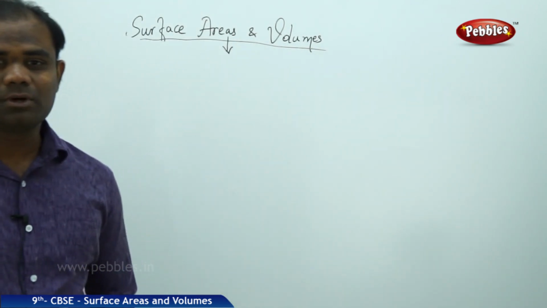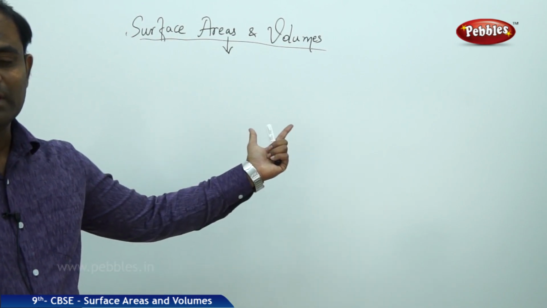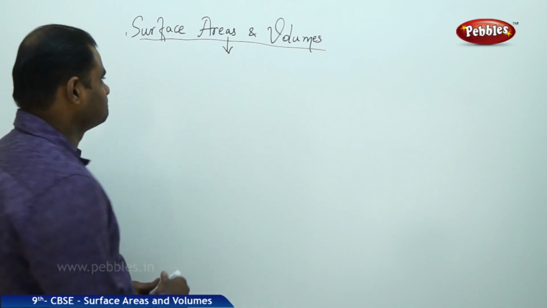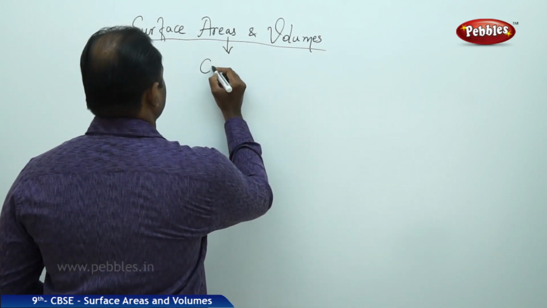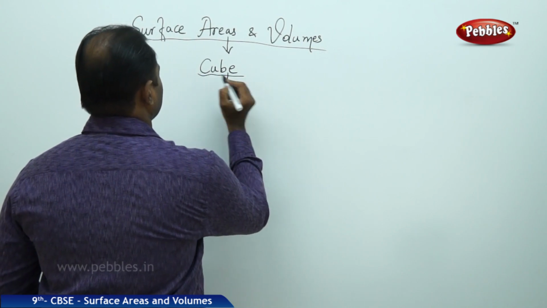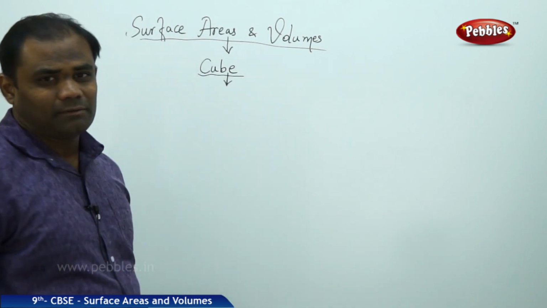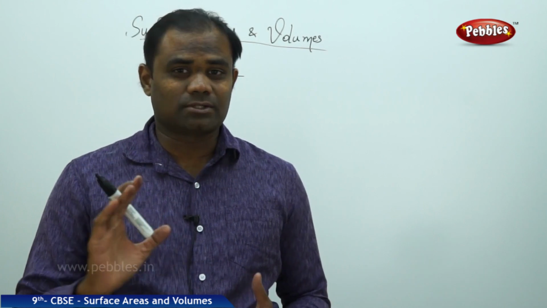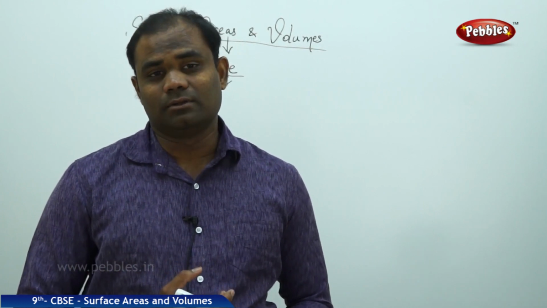Today's session is about the cube as a 3-dimensional solid figure. We all have come across the Rubik's Cube, the one through which we solve the game. A Rubik's Cube is a perfect cube because it has all its sides equal.